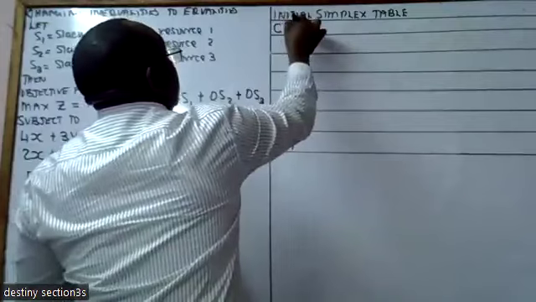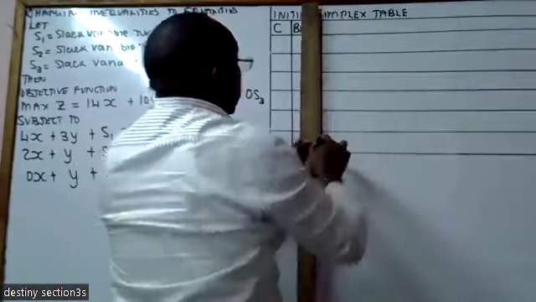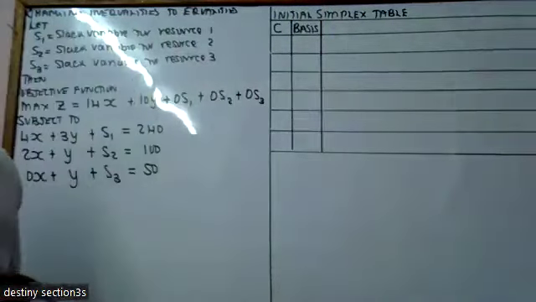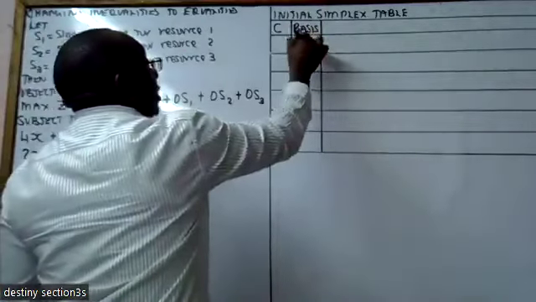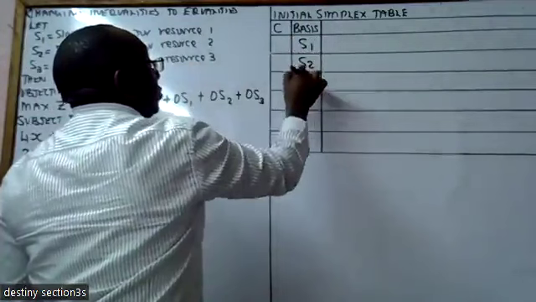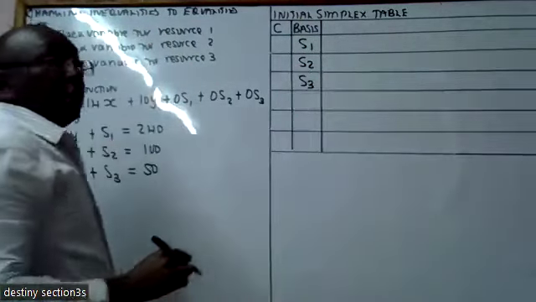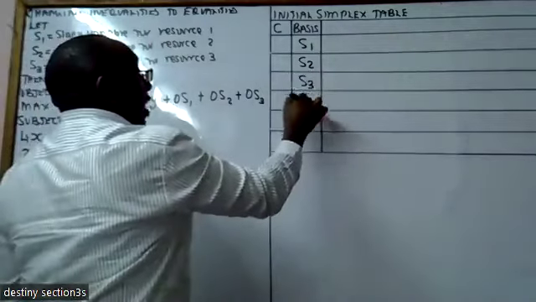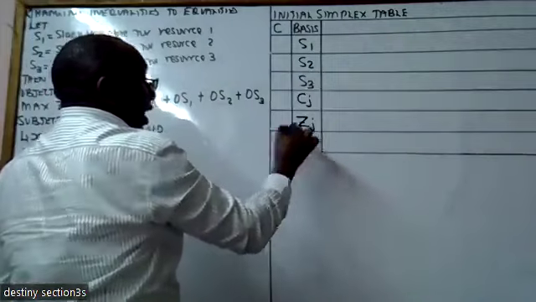Then we have the basis. And in the basis column, we bring the S's. So this is S1, S2, S3. Then you bring CJ, ZJ, and DJ.